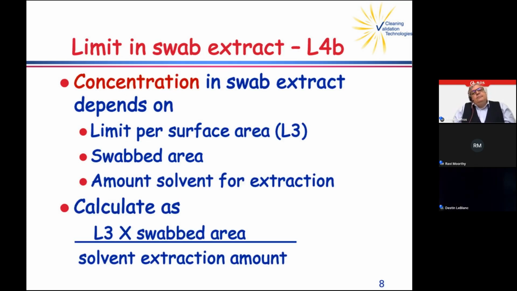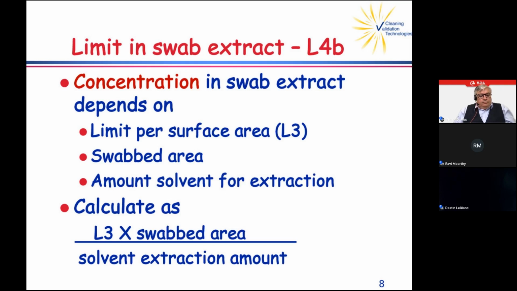Now we're going to get to when we take that swab and place it in a vial of liquid solvent and extract it, and then send that to the analytical laboratory for testing. That concentration in the swab extract depends on the limit per surface area, the swabbed area, and the amount of solvent that's used for extraction.